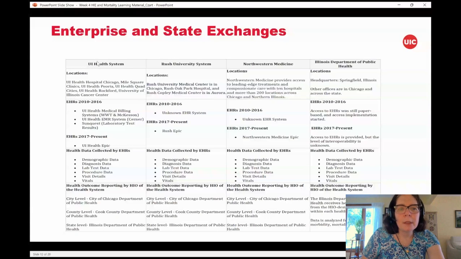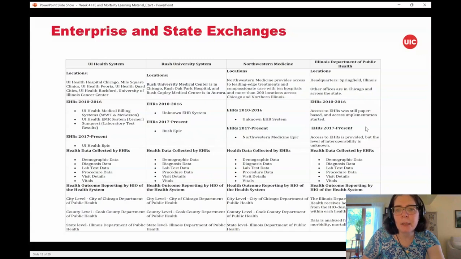Now, in week one, we discussed UI Health System and we compared it with the other partner networks. So this would be the enterprise network. But these enterprise networks also have to share information with the state. So therefore, as you conduct your data queries, you have to keep in mind the differences of hospital networks. Not everyone is necessarily on the same page.